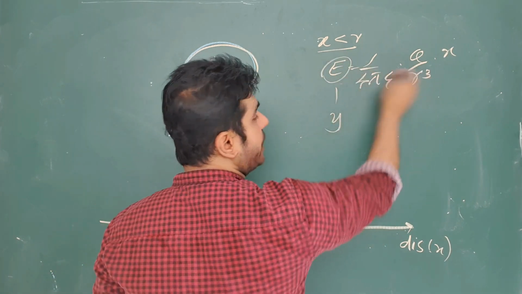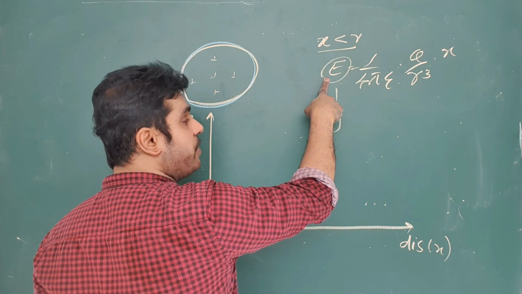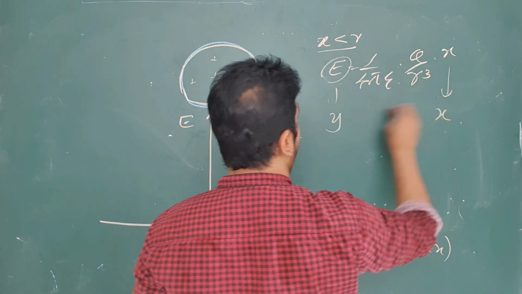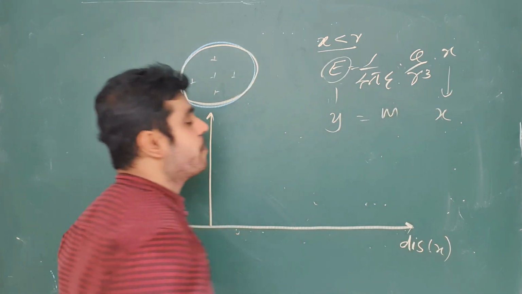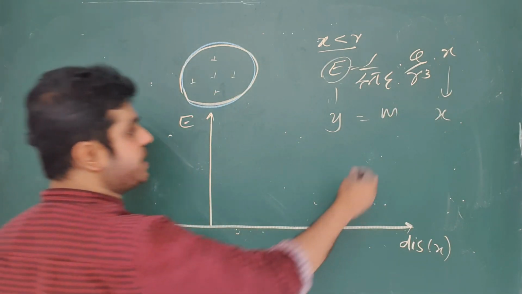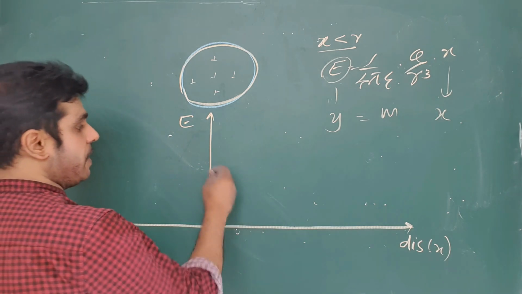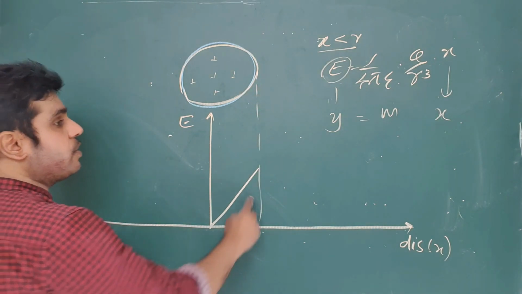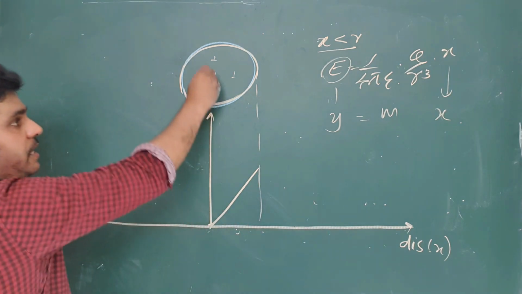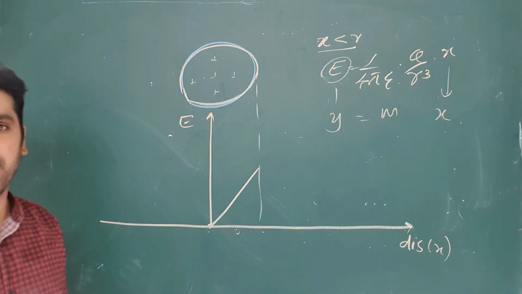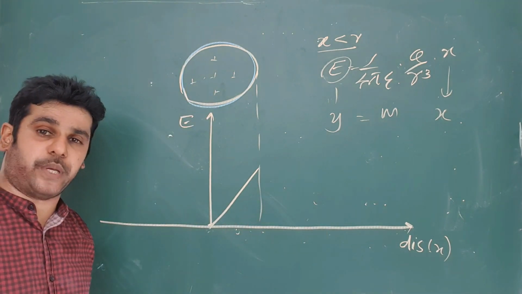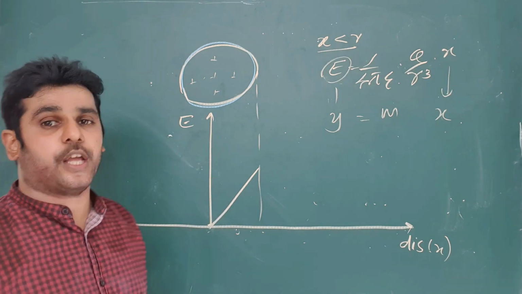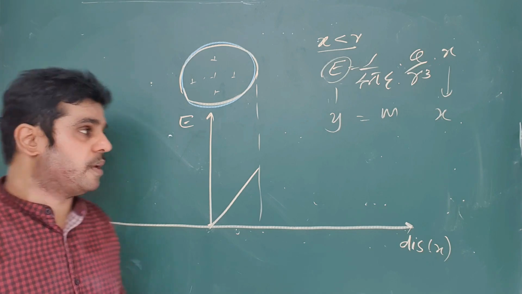Now when you draw the variation between electric field intensity and the distance, it is given by y equals mx. When x equals 0, y equals 0, E equals 0, from here to there, it undergoes y equals mx. At the center, it becomes 0. But if it is a conducting sphere, at the center, E limits to infinity.